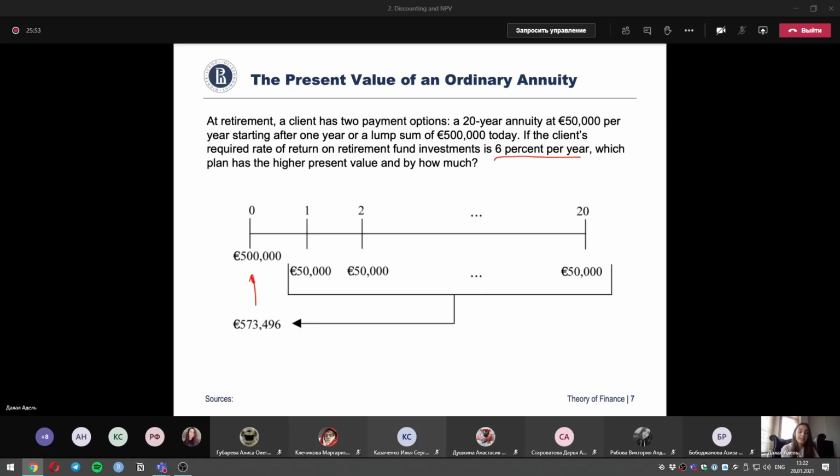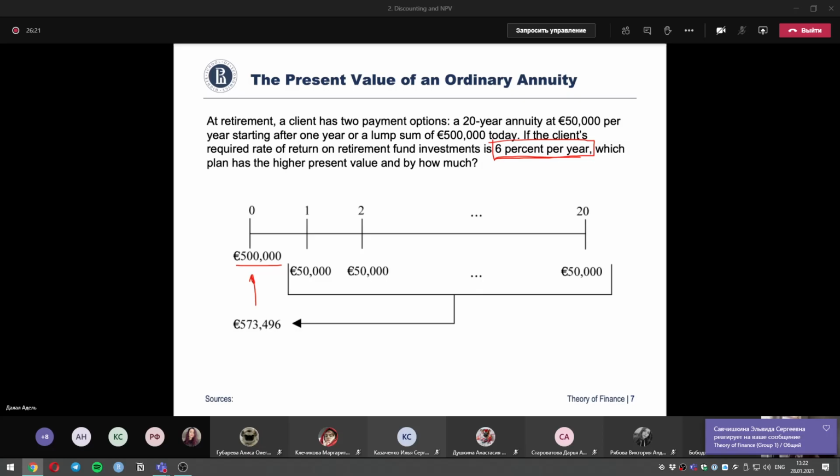So it is not just higher than 500,000 euros, but it is higher than our investment of 500,000 euros in an asset that provides us 6% per year. So why did we choose to divide by this discount rate?